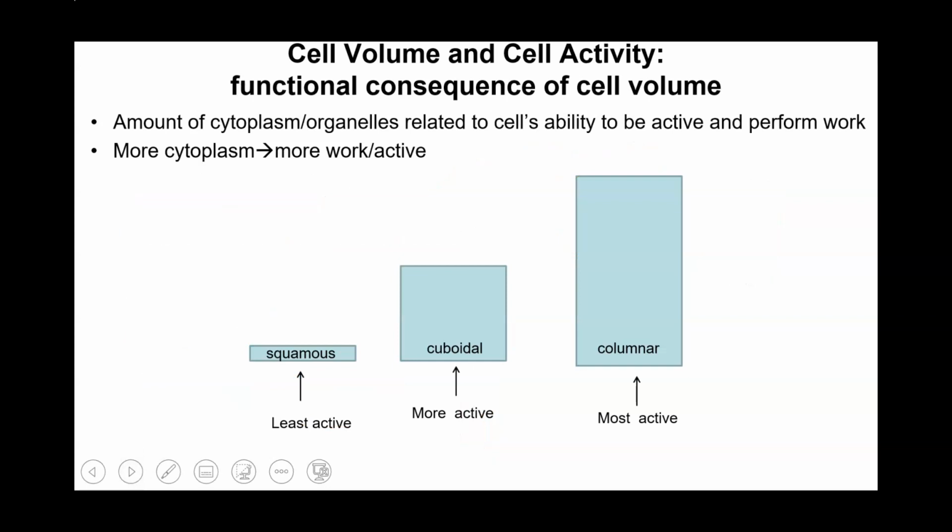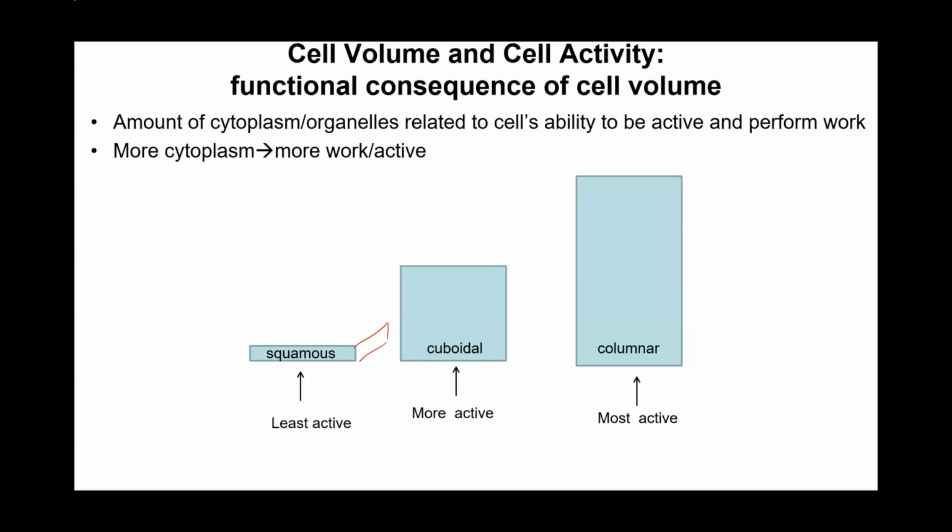Now, the cell shape or the cell size actually has a functional consequence to it, right? The size of the cell relates to how much cytoplasm it's going to have. So when you look at squamous cells, right?